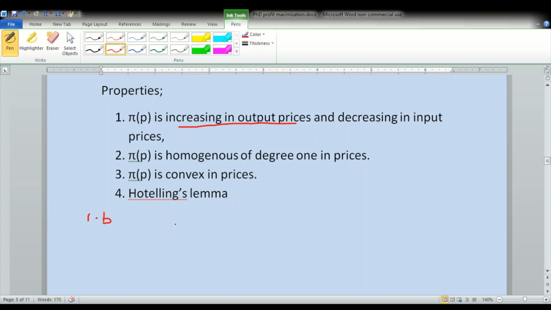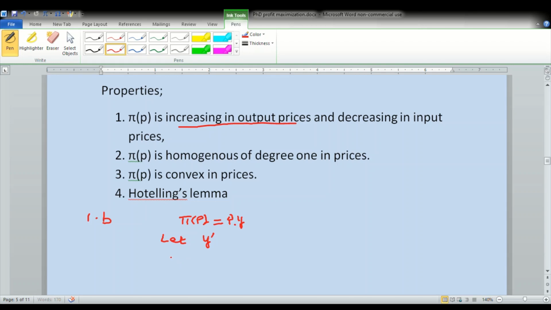Again, start by assuming that pi of P is equal to P dot y. So y is the profit maximizing netput vector, and let there be another netput vector y dash.